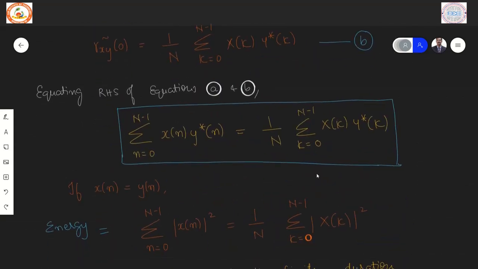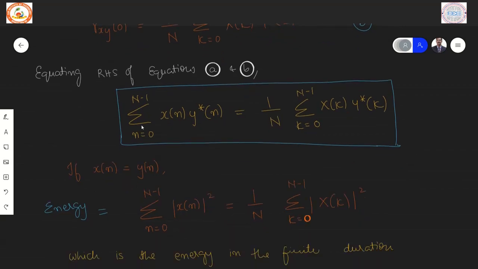Further, as a special case, if x of n is same as y of n, then the LHS is the expression for the energy of the signal, that is summation n between 0 to n minus 1 x of n and x conjugate of n is x of n magnitude square, and on the RHS we have 1 by n summation k 0 to n minus 1 x of k magnitude square.